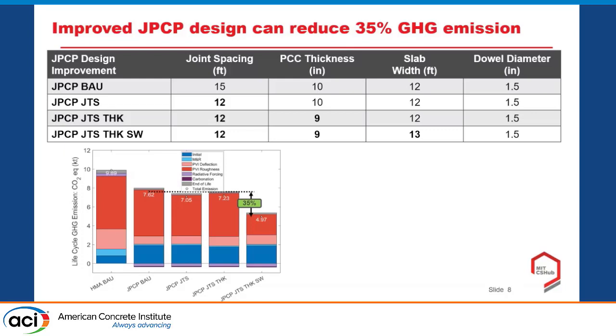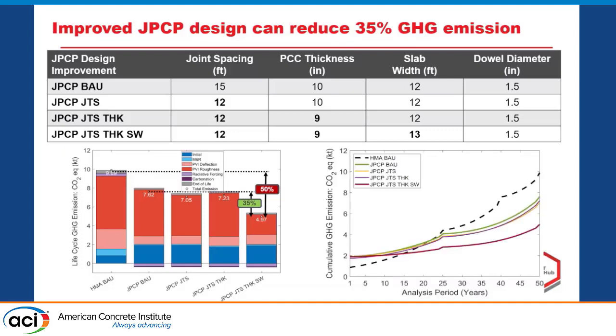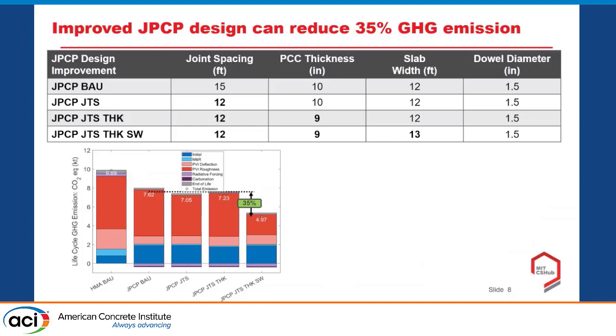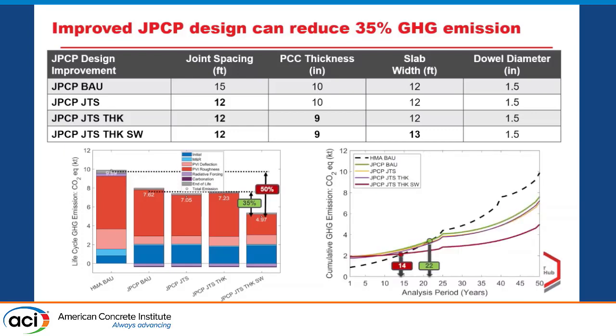When we compare to the HMA BAU, we found a 50% reduction just because of the improvement of the GPCP design. And for the payback time, originally 22 years, it was now shortened to 14 years.